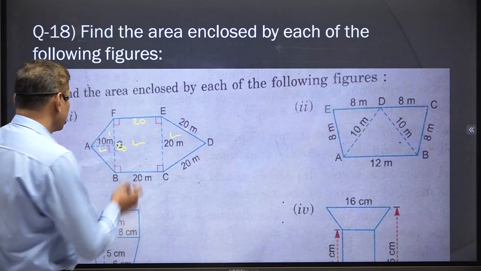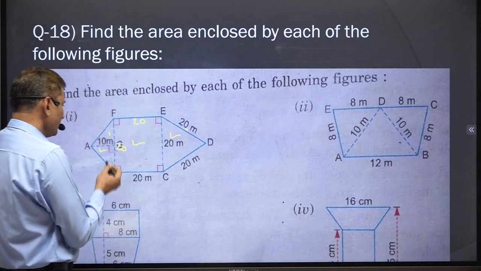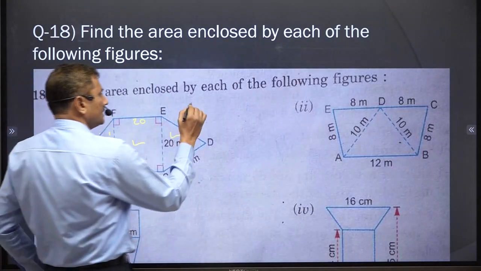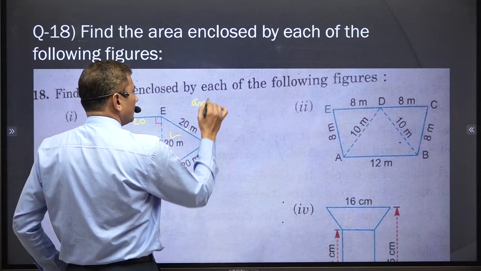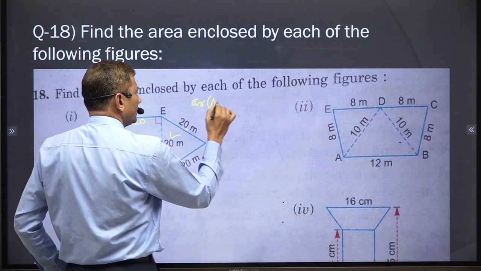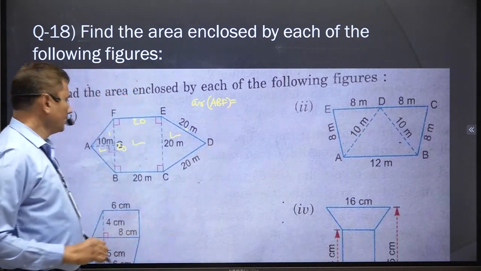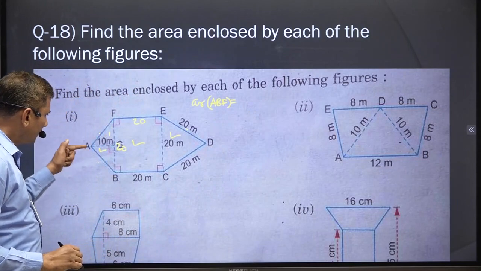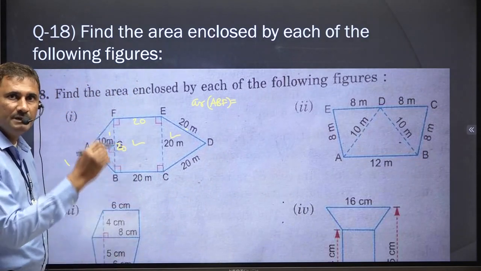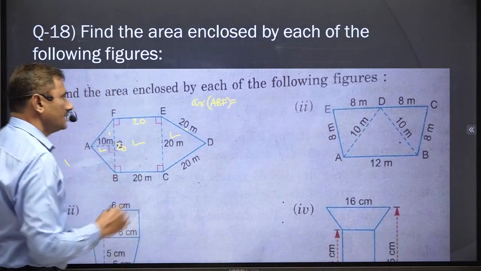So I am finding first of all this one, the area of triangle ABF. So the area of triangle ABF is how much? Half into BF into AG. BF is the base, AG is the altitude.